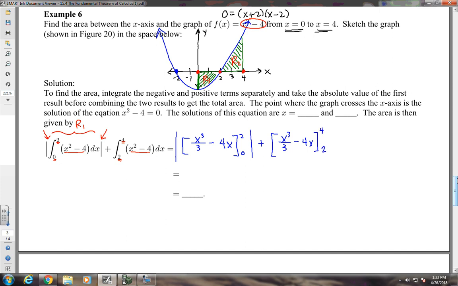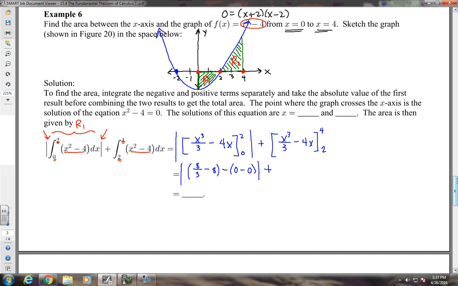So working on that first one, plugging in our upper limit of integration, which is 2, we'd have 2 cubed, let's go ahead and calculate as we go, over 3, minus 4 times 2, which is 8. When we plug our lower limit of integration in for x, notice both of those terms zero out. So that's pretty convenient.